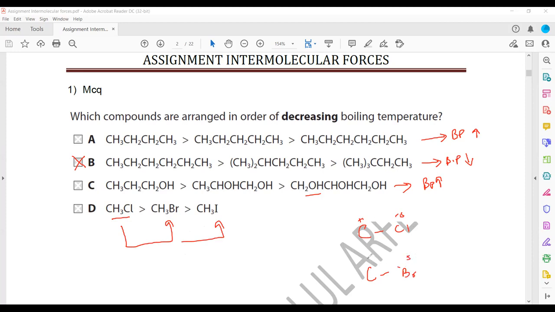But because bromine has more electrons, it will have a stronger dipole-induced dipole force. So that's why the boiling point also increases. Iodine has even more electrons than bromine, so the boiling point will further increase. So the correct answer is B. Is it clear?